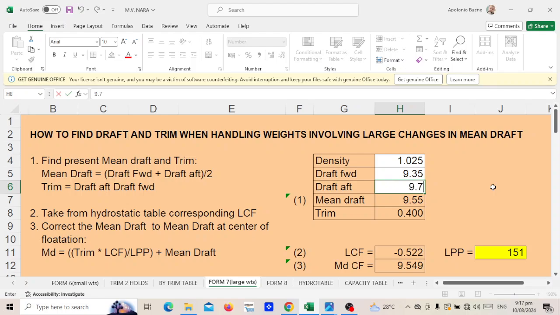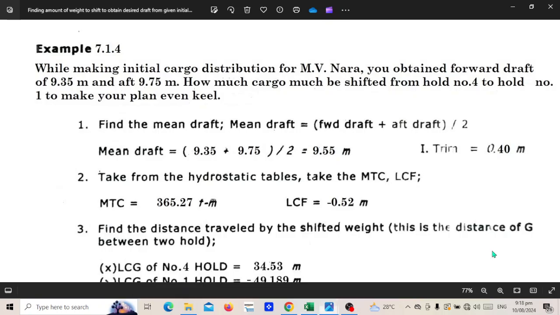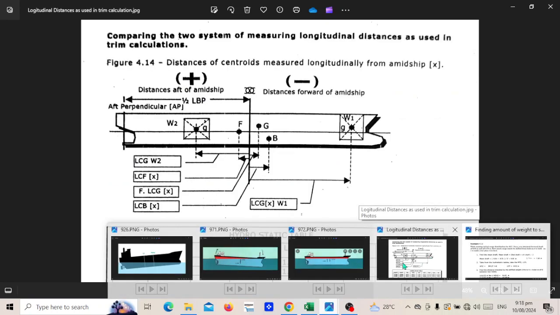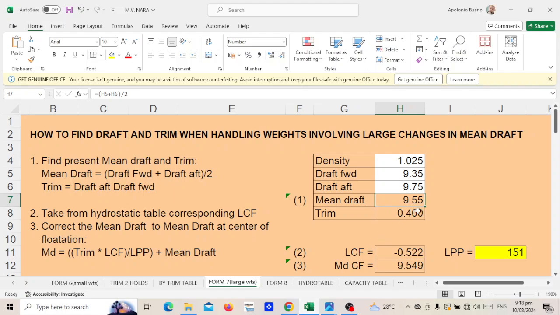Okay, now you have a main drop of 9.55 and a trim of 40 centimeters. So let's check, guys. Your main drop is 9.55 and your trim is 0.40 meters. Okay, let's go back to the program.